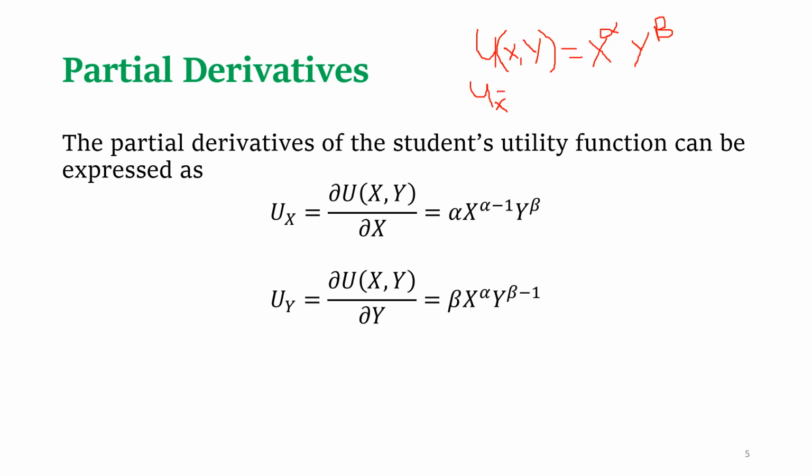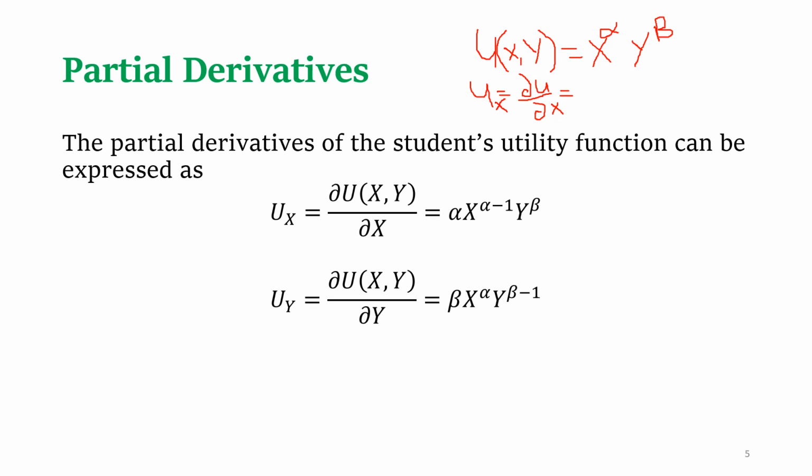And that is given as what? The partial of u with respect to x, right? And that gives us what here? So what we are doing here is we are going to differentiate this entire utility function with respect to x.